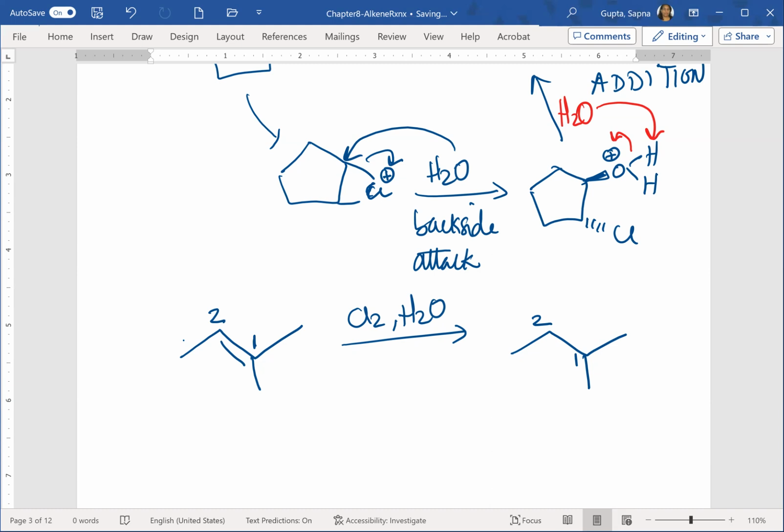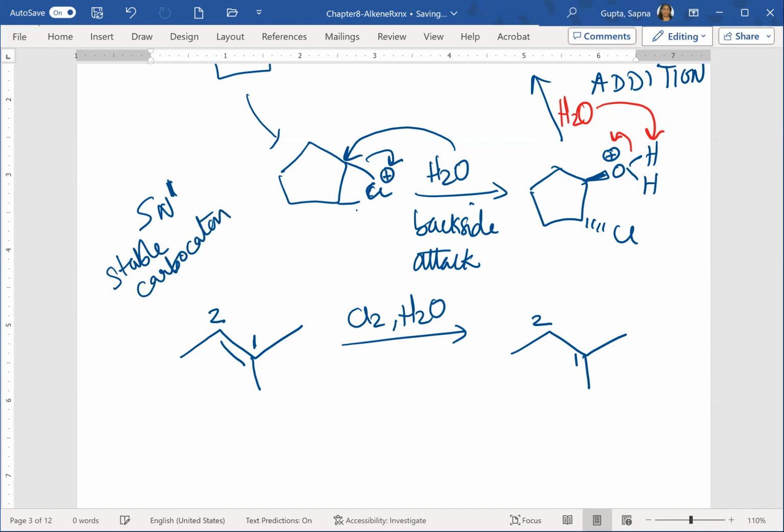So this has to do with how the attacking is happening. And if you look at the mechanism, the way this works is that the water is attacking the backside. Okay, so the way we look at this reaction is actually a little bit more in the sort of SN1 mechanism. So when you think of it in terms of SN1 mechanism, then you have to think about a stable carbocation.